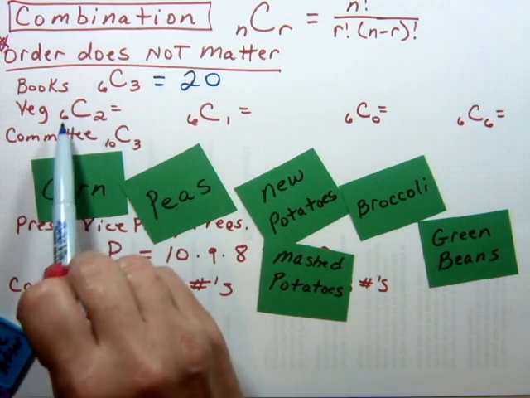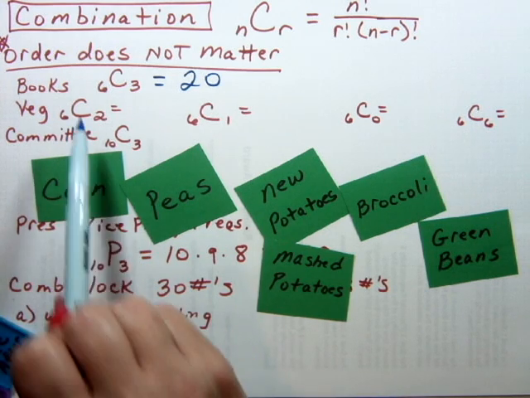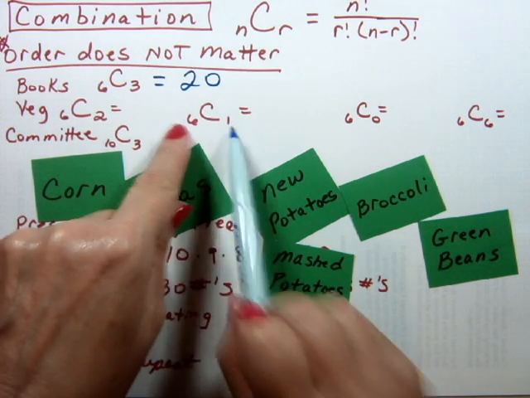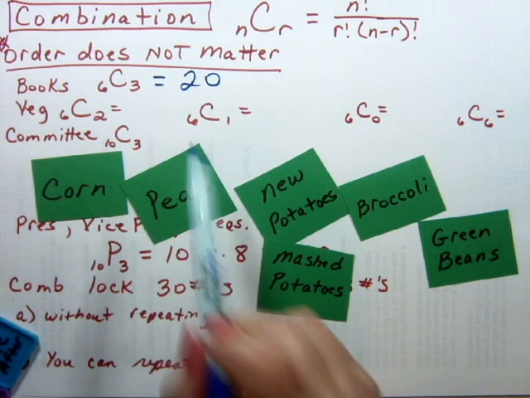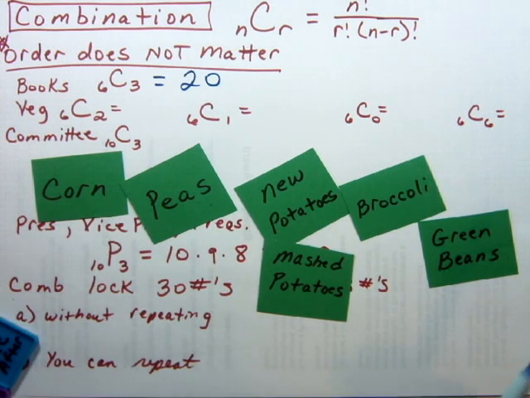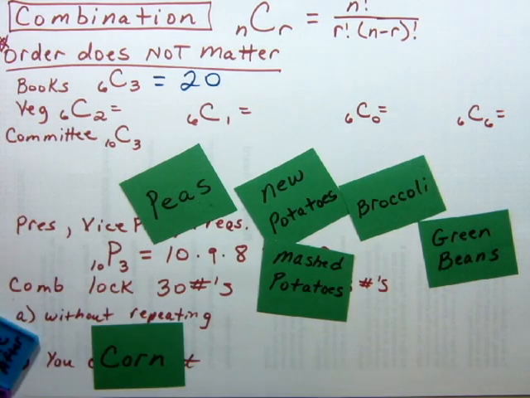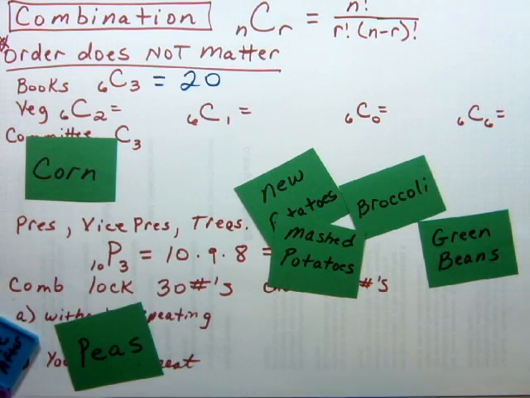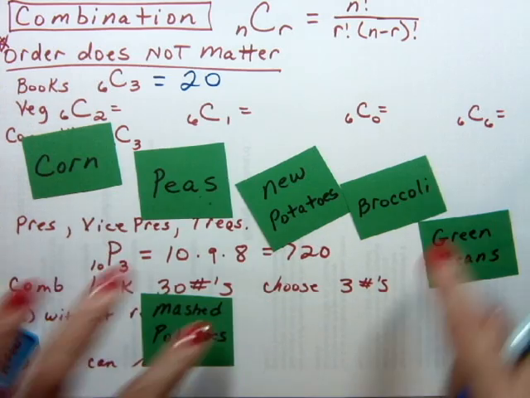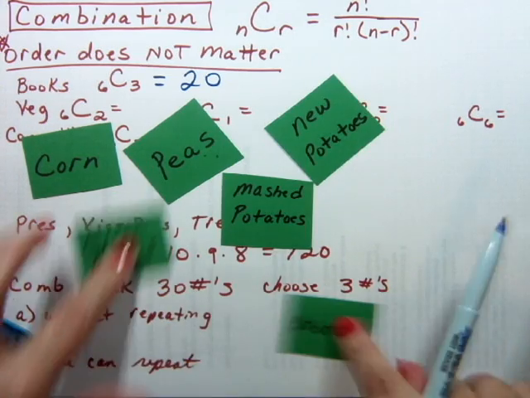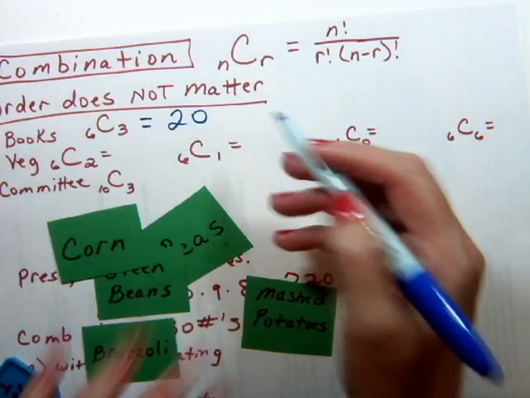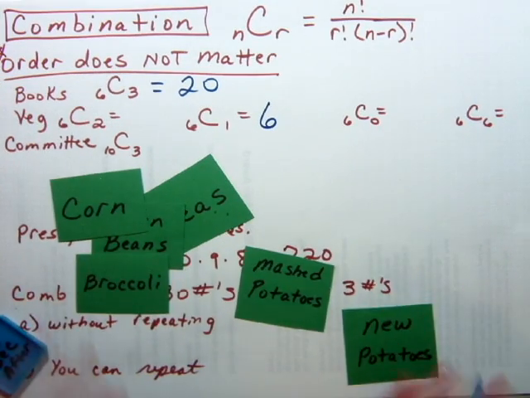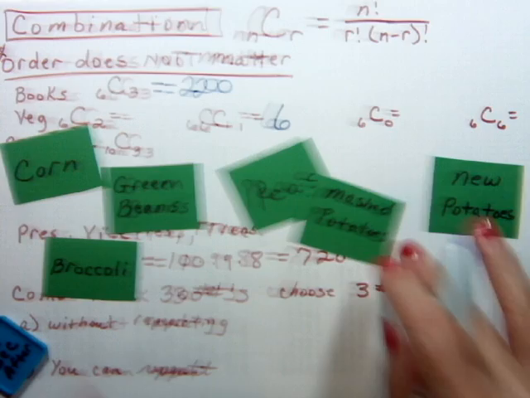Now, if I go to Luby's, I'm going to start with the simpler ones. Out of 6 vegetables, how many ways could you pick 1? Well, you could pick corn, you could pick peas, mashed potatoes, green beans, broccoli, new potatoes.